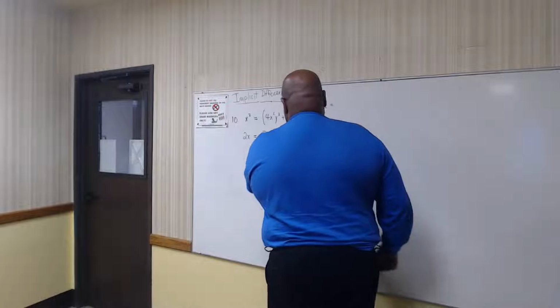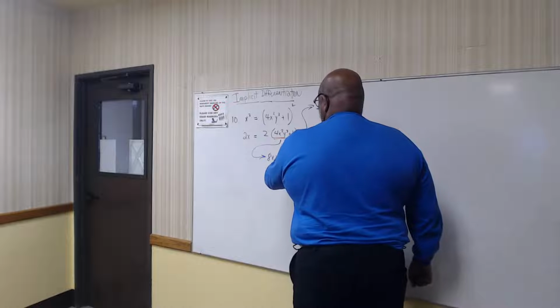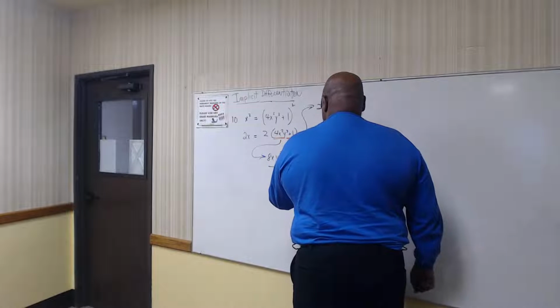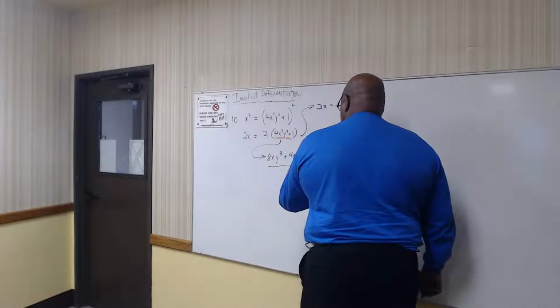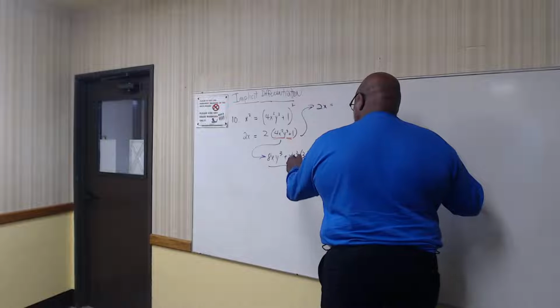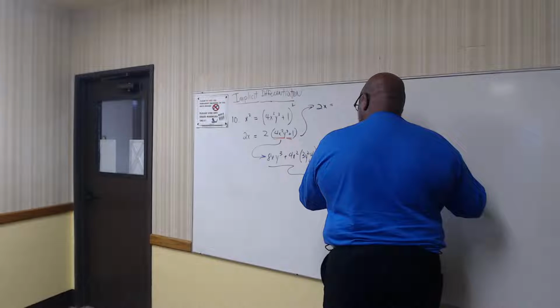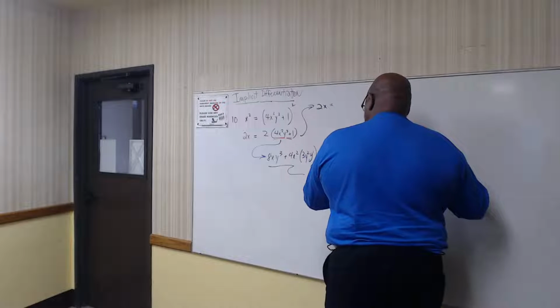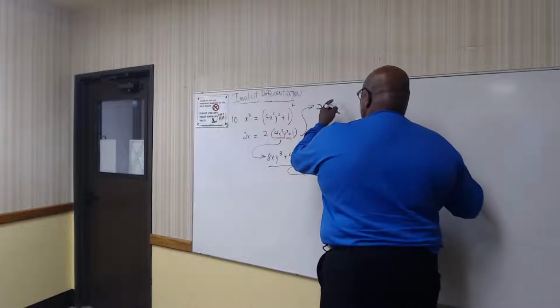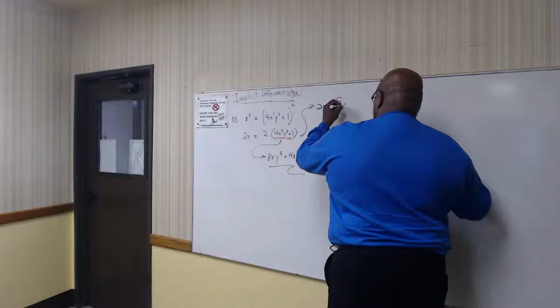That's the derivative of the second. Plus 1 is just 0, right? So this is your derivative here. I can now simplify it. What do I get? 8xy cubed plus 12x squared y prime. That's what I'm going to put here, okay?